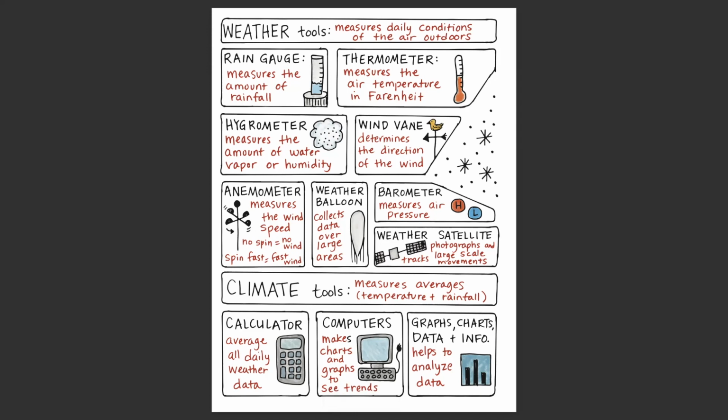What is the climate at that point, right? Whether it's over a month or over a year or many years, that's how we determine that: we take the data from all these different tools and put them all into a spreadsheet or a chart, and that's how we determine climate. So there you go.